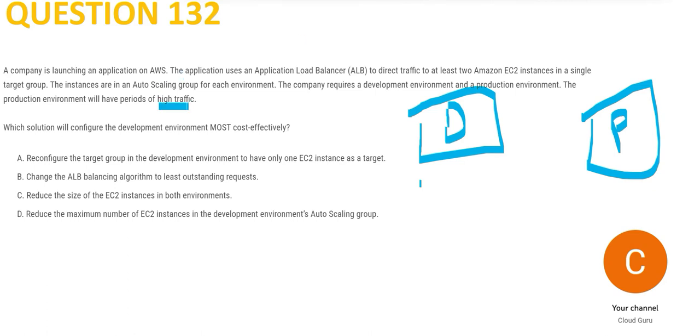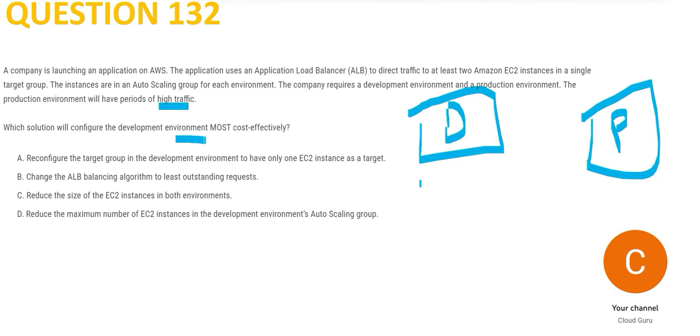But what you have to do is configure the development environment most cost effectively. You cannot make cost savings in production because it has high traffic, so you will need to put more resources there. But in development, you can do some cost optimization.